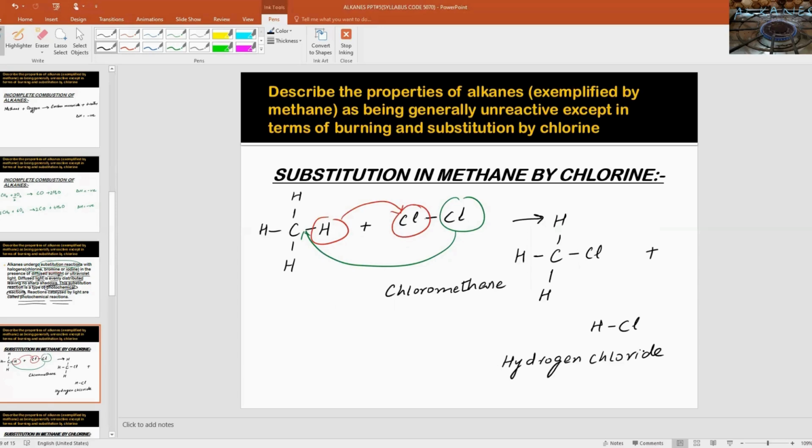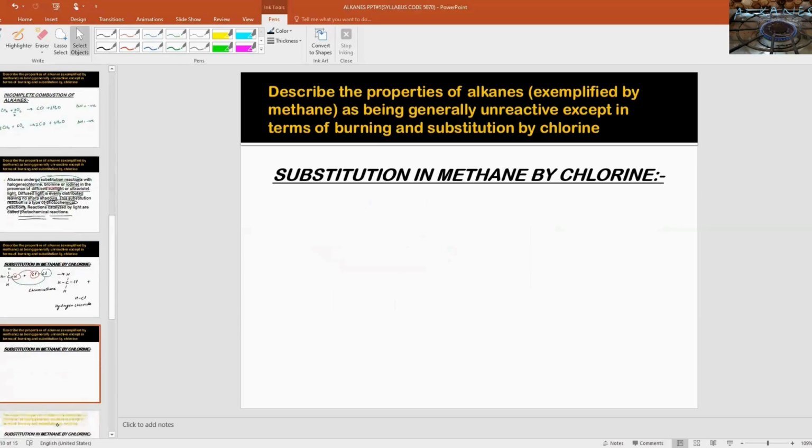The reaction will not stop here, and it will continue till all the hydrogens of the alkane are replaced completely by chlorine. In the next step, the product of the first reaction will become the reactant. Another chlorine molecule will attack this chloromethane, and this time the products will be dichloromethane and hydrogen chloride.